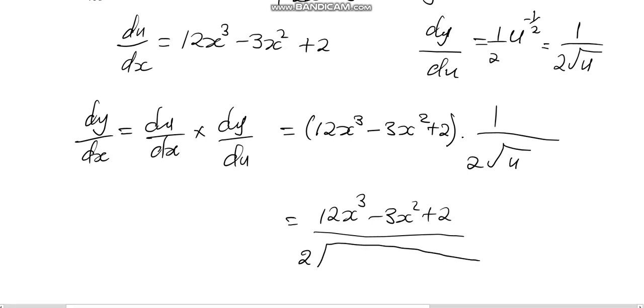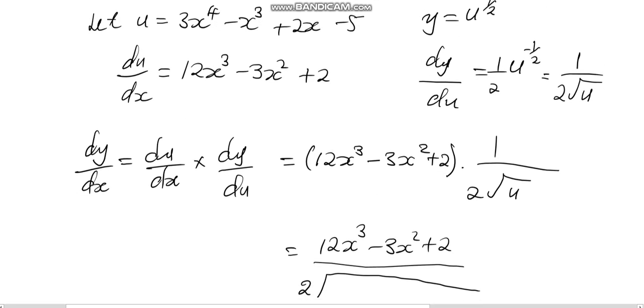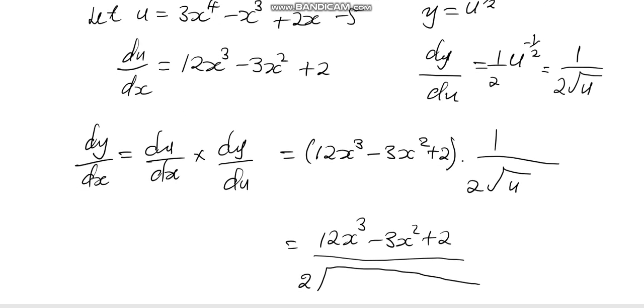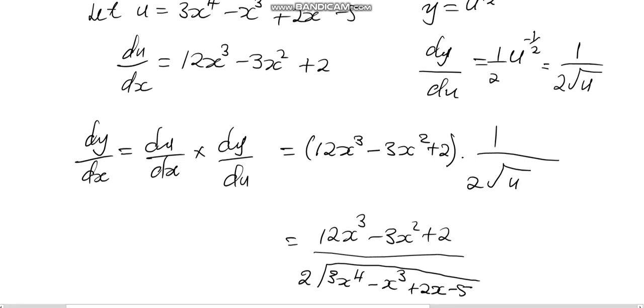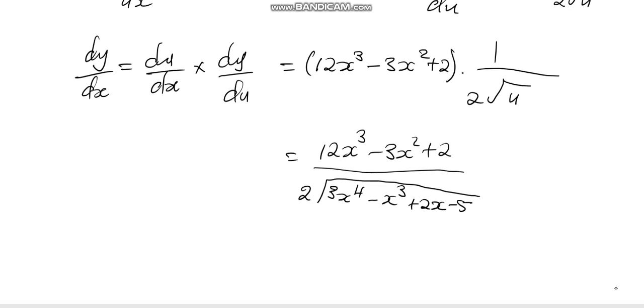Let me just check what u is. So u is 3x to the power 4 minus x to the power 3 plus 2x minus 5. So what we have here is our dy dx.